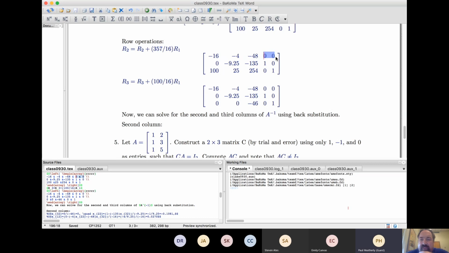These are zeros. So what I'm doing is I'm taking this whole row, multiplying it by something, and adding it to one of the other rows. But because these elements are 0, whatever I multiply this by and add down here, I'm adding 0. So nothing gets touched over here.